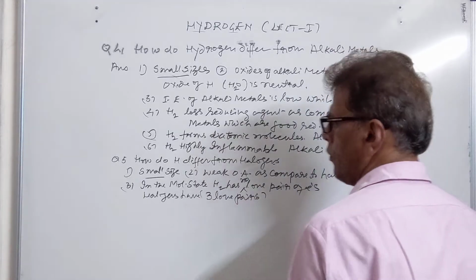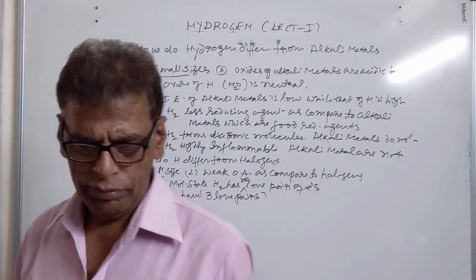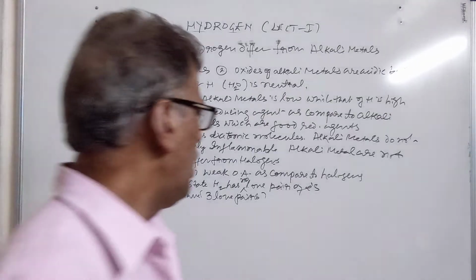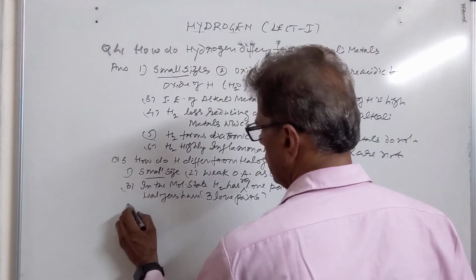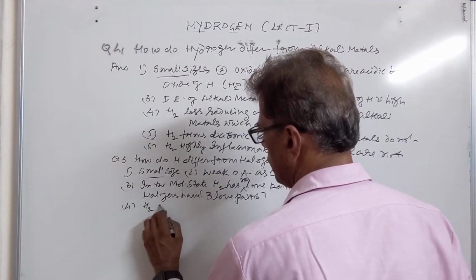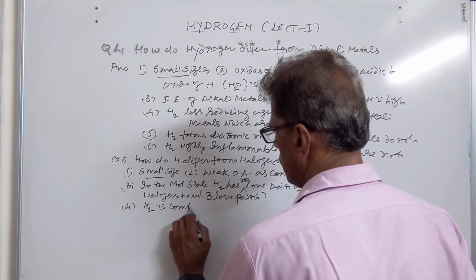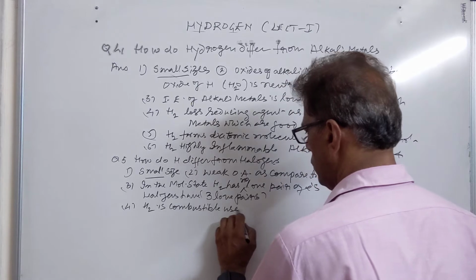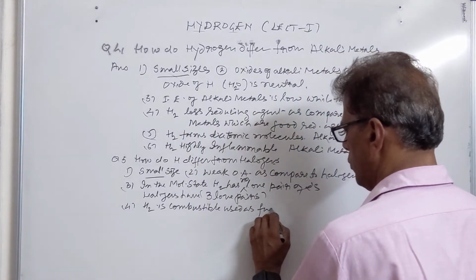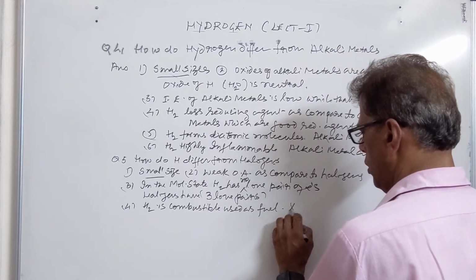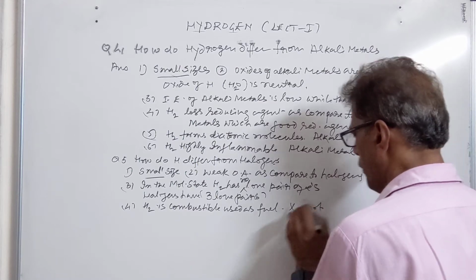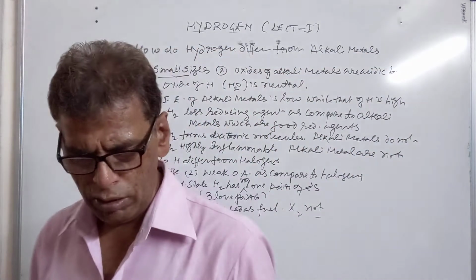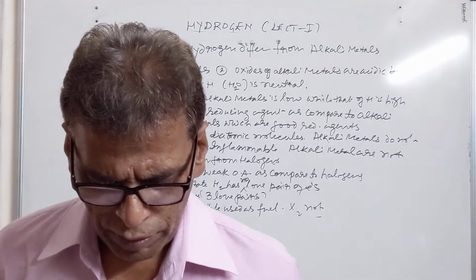Hydrogen does not have so much. Hydrogen is combustible. Used as fuel. Halogens are not. They are neither combustible nor used as fuels.